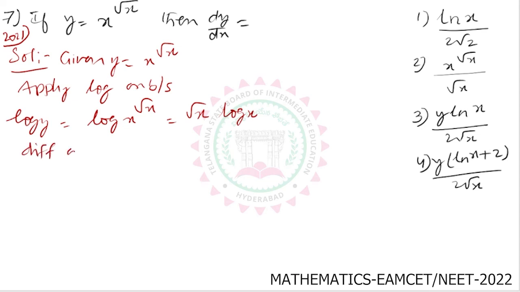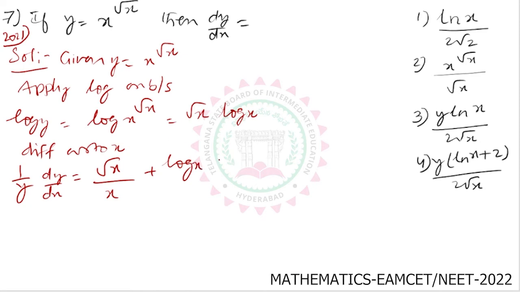Now, differentiating with respect to x, 1 by y into dy by dx is equal to, now it is in the form of uv, first function into derivative of second function, log x, is 1 by x, plus second function log x into derivative of first function root x, which is nothing but 1 by 2 root x. Is it clear?